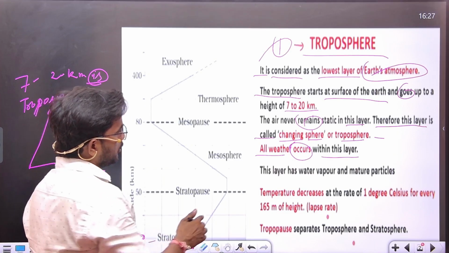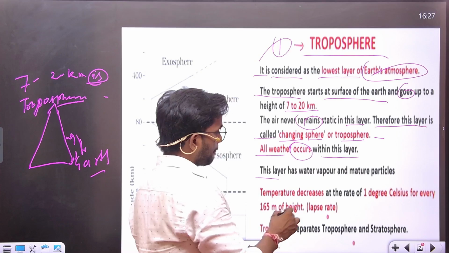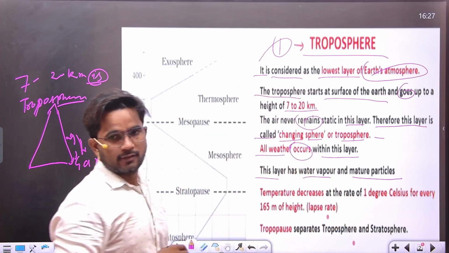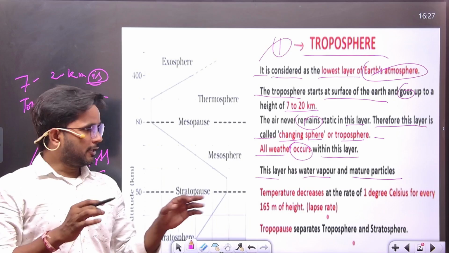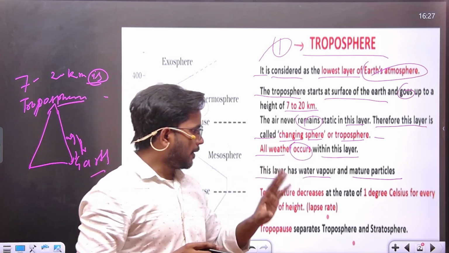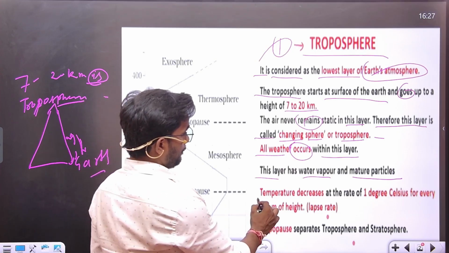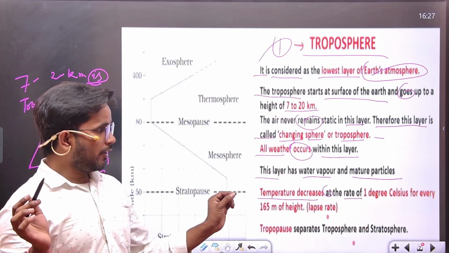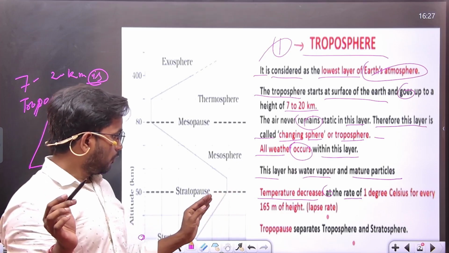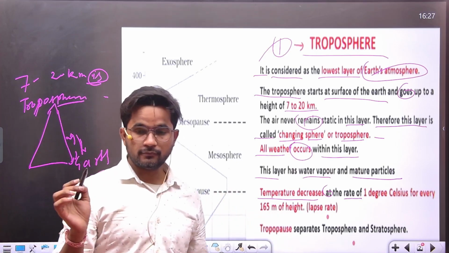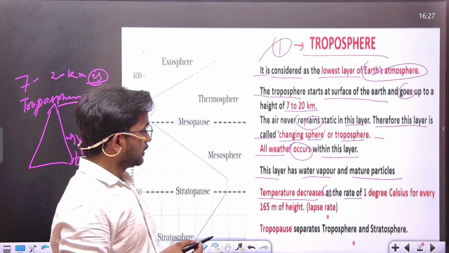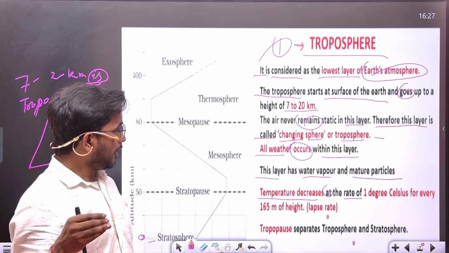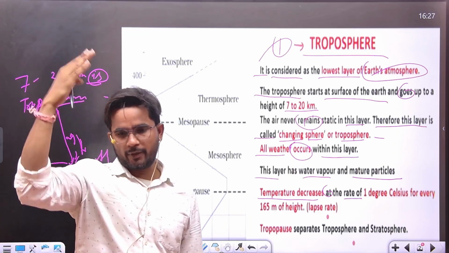This layer has water vapor and particles. Temperature decreases at the rate of 1 degree Celsius for every 175 meters of height. If you go up into the sky 175 meters, your temperature decreases by 1 degree Celsius.